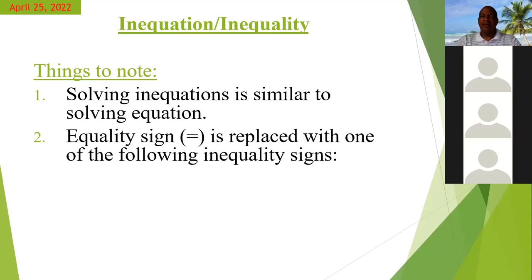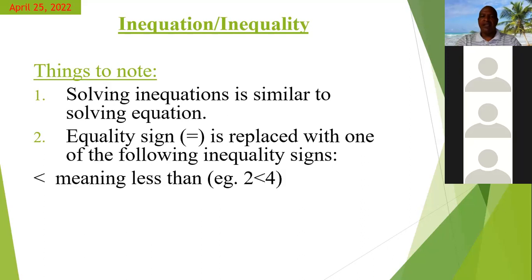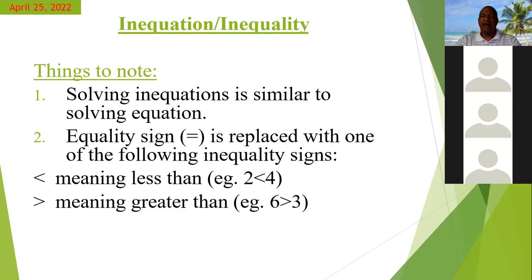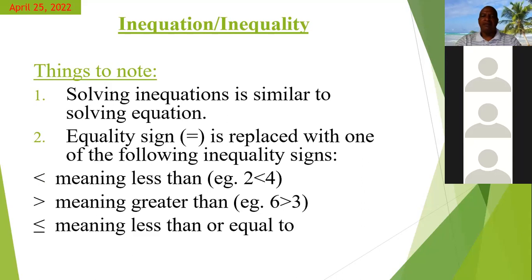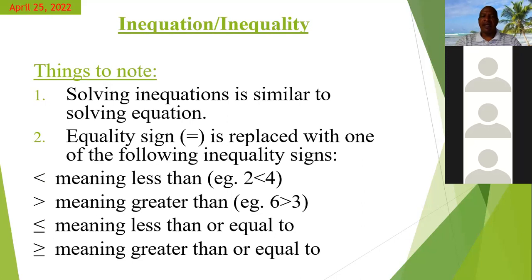All right, so the equality sign is replaced with one of the following signs. You can have less than, you can have greater than, you can have less than or equal to, you can have greater than or equal to. So instead of using an equal sign, these are the signs you're going to see when you're dealing with inequality.